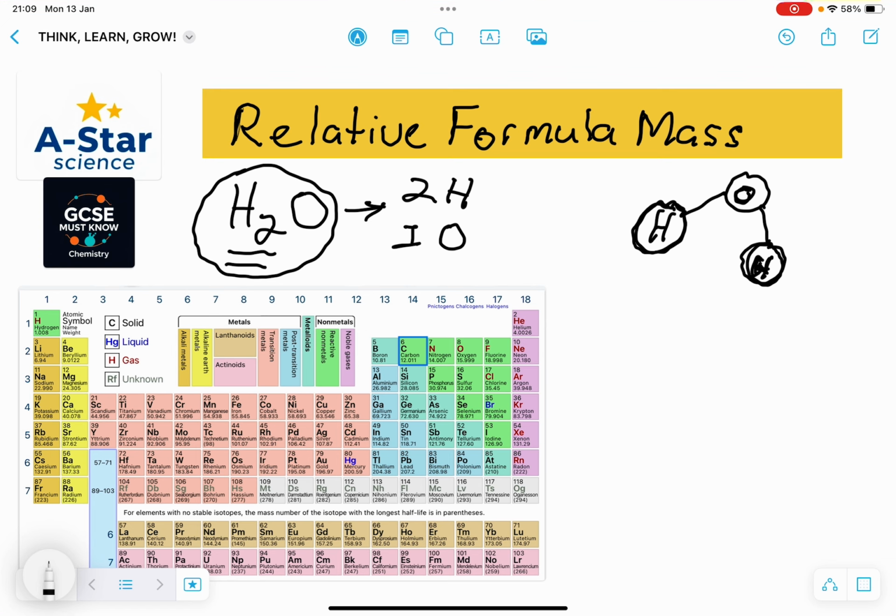So for hydrogen, if you look on the periodic table, you see a box like that, you see hydrogen, and it has 1 and 1 on it, okay? And in this periodic table, the bottom number happens to be the relative atomic mass.